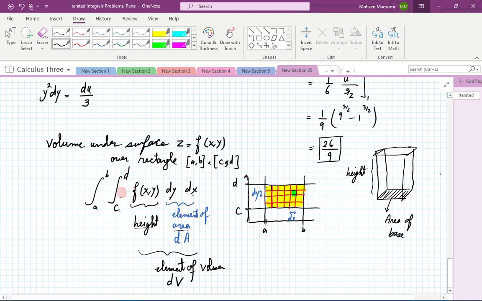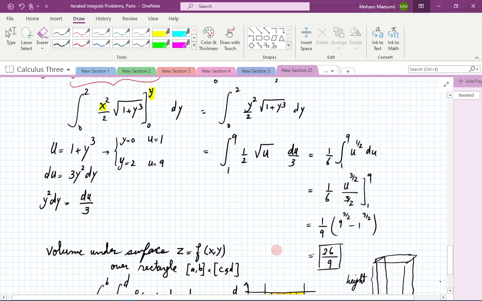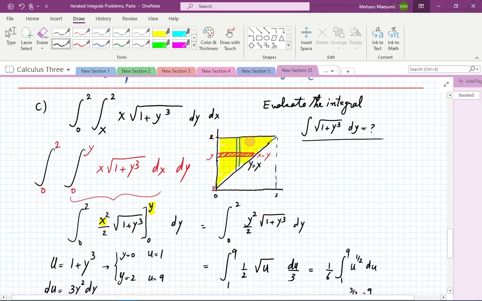Now, if instead of a rectangle we had something else, for example half of a rectangle or half of a square, still the idea applies that we are calculating the volume of whatever this surface is, sitting on top of this particular shape.